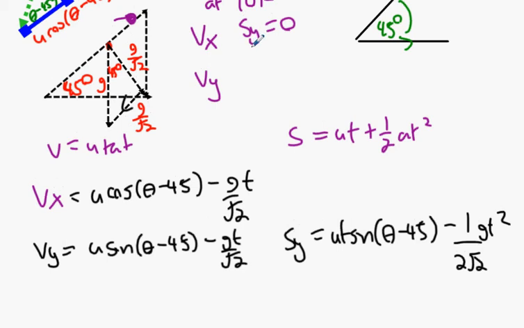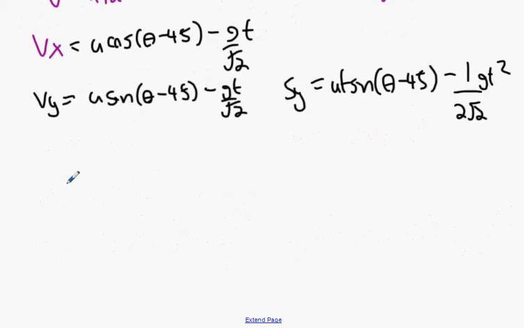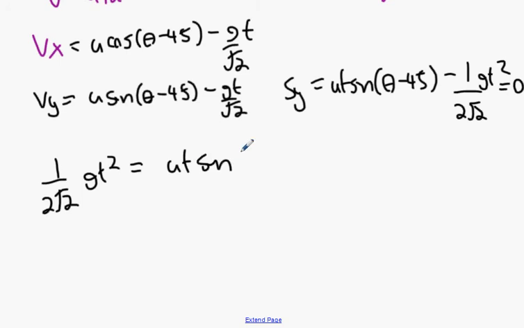I'm going to isolate the time of flight. After I isolate the time of flight, I'm going to place it into phi x and phi y and figure out what phi x and phi y are at the time of flight. That's my plan. So sy equals 0. Save yourself a bit of writing, and now you're going to get 1 over 2 root 2 g t squared equals u t sin(theta minus 45).